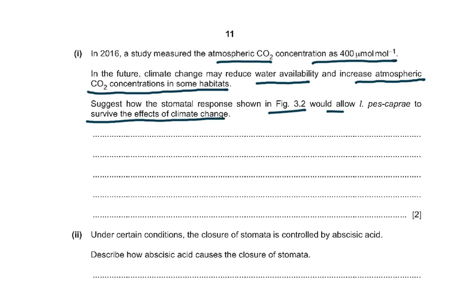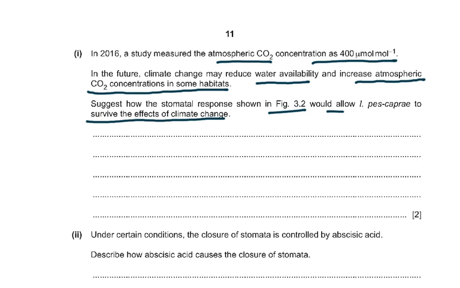Very simple. What is going to happen? As climate change increases CO2 concentration, this will cause the stomatal aperture to decrease. So stomata will open less. So less water is lost, because more water will be lost through larger openings of the stomata.